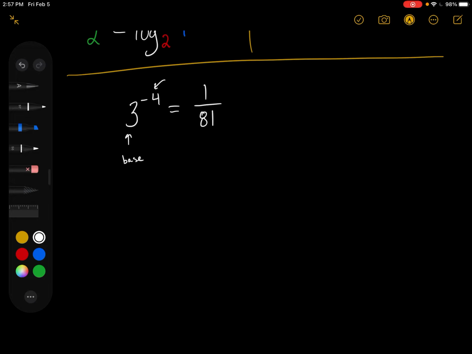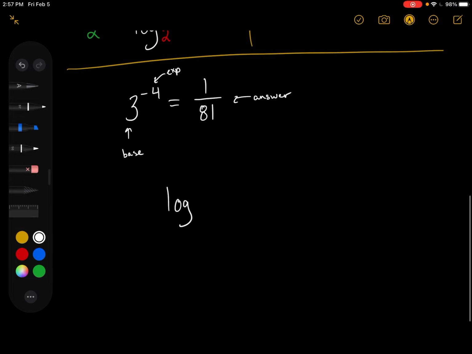Base, exponent, answer. So instead of colors, we can do words this time. So log to our base of our answer equals our exponent.